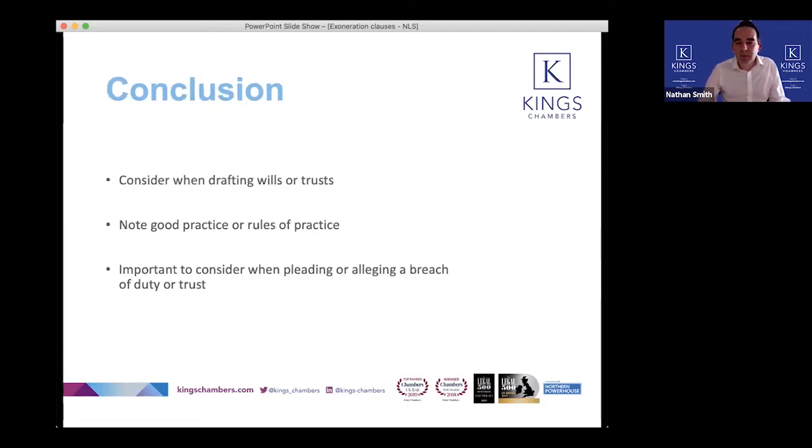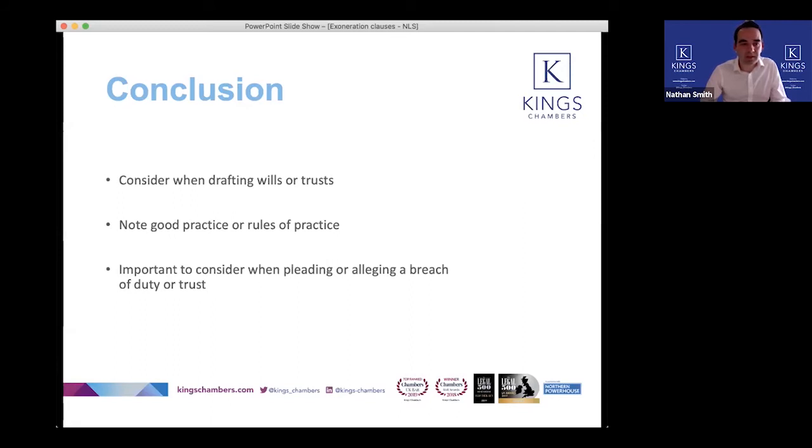So, in conclusion, exemption or exoneration clauses in all their various forms are clearly very important when drafting wills or trusts, and careful consideration should be given to them because they impact very significantly on the amount of risk that a trustee is accepting, or indeed an executor is accepting as part of their administration of the settlement.